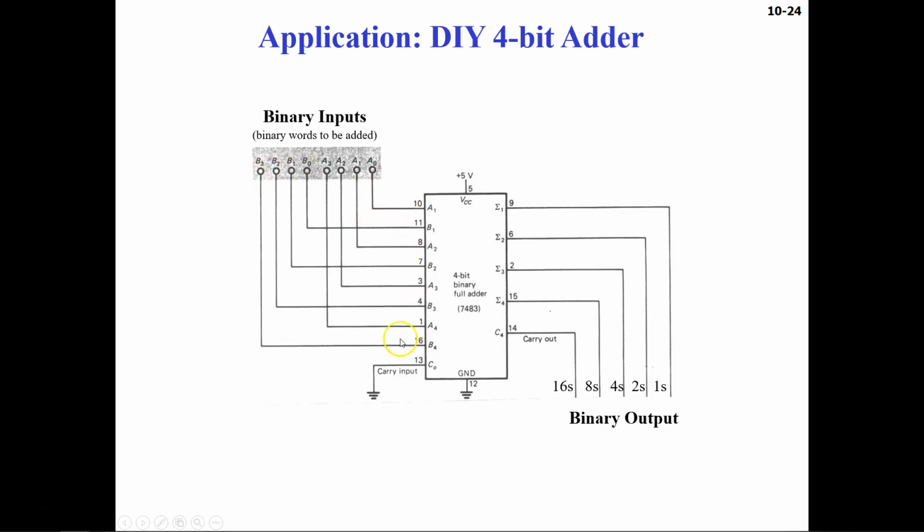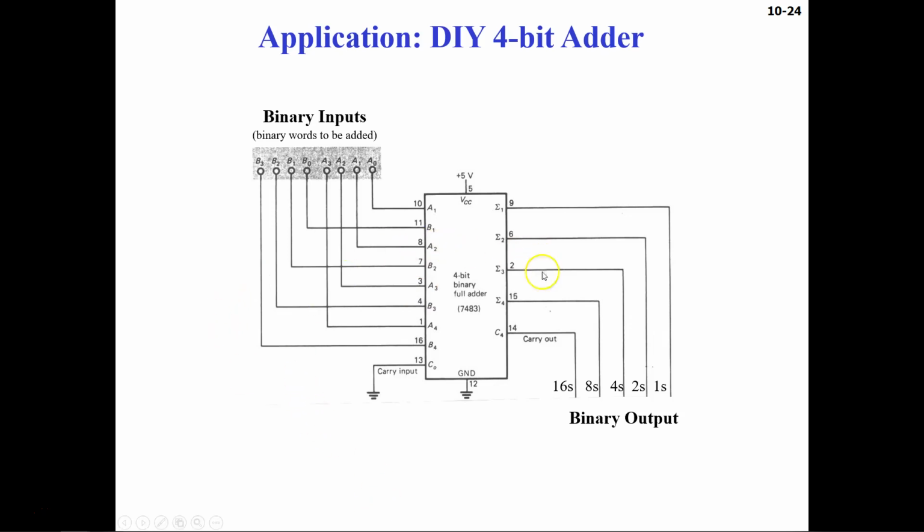So these are your inputs, and then you have the carry input tied to low, which is 0, and all these are the sums, your outputs, and this carry out is basically your most significant bit.